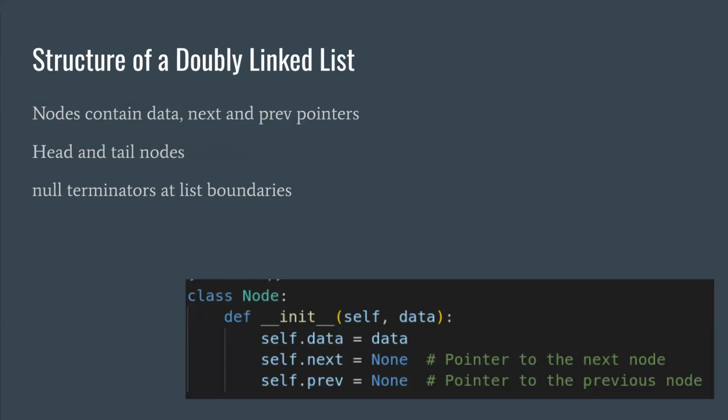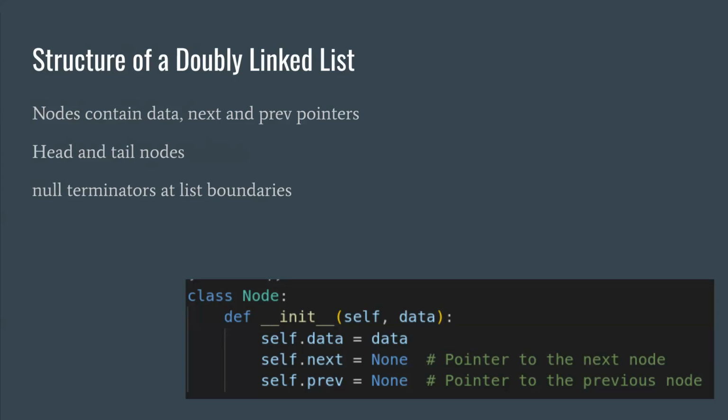So let's first look at the structure of a doubly linked list. Basically, each node in a doubly linked list is a self-contained unit, which is similar to singly linked list. It has data and next.